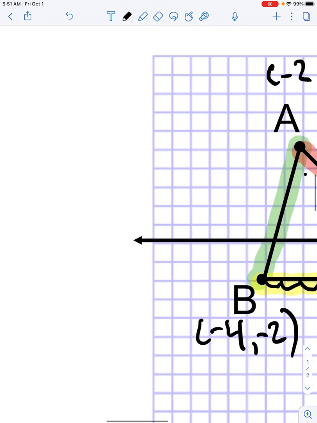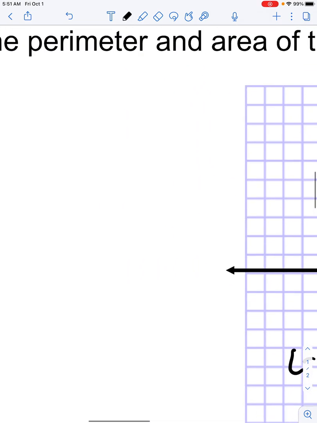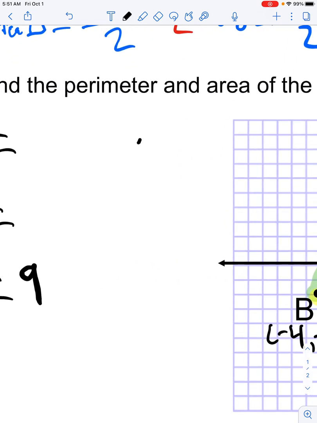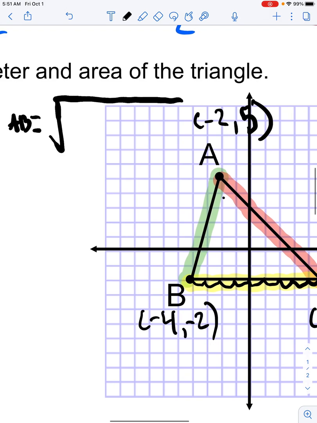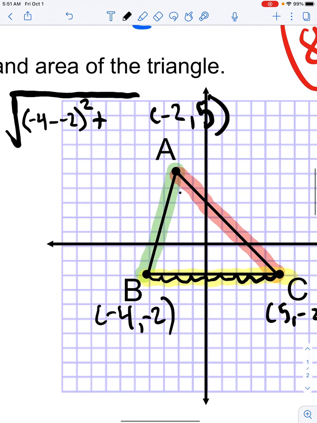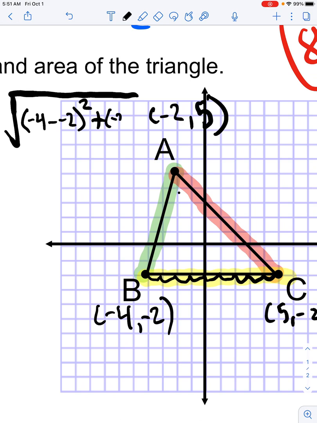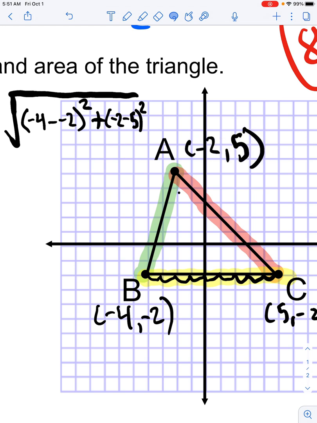So I'm going to have to use my distance formula to calculate them. I'm going to do AB first. For the distance formula, I'm going to take my x coordinates and subtract them: -4 minus -2 squared, plus my y coordinates, -2 minus 5 squared.